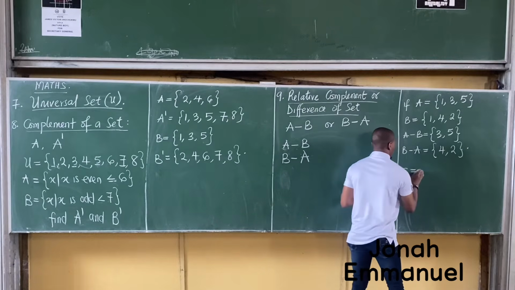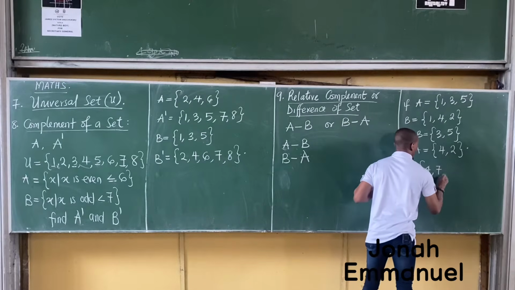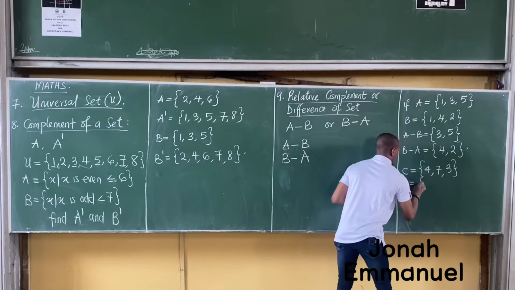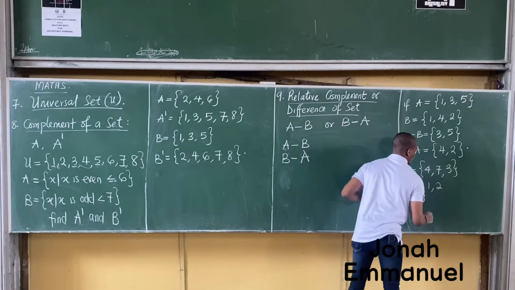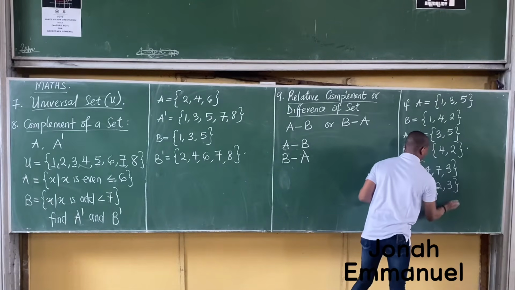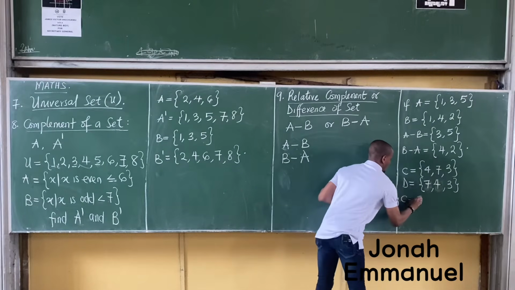Look at this again. Let's say I have C equal to 1, 4, 7, 3, and D is equal to 1, 2, 3. Alright, for these, what's C minus D here?